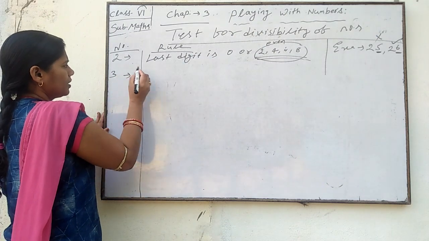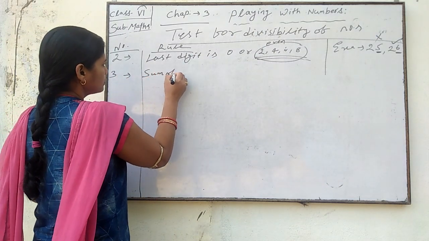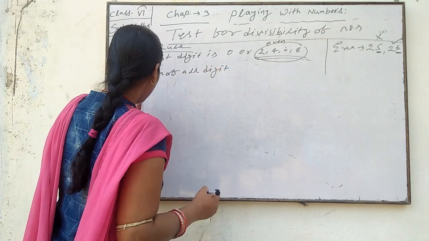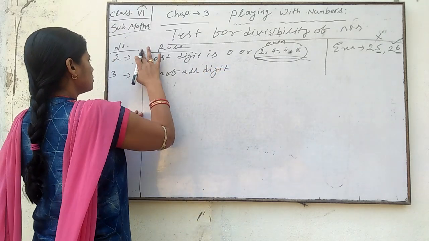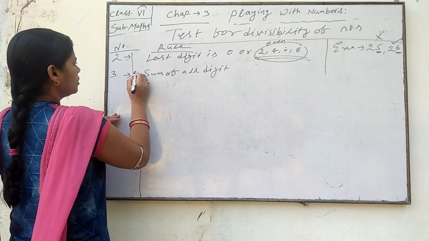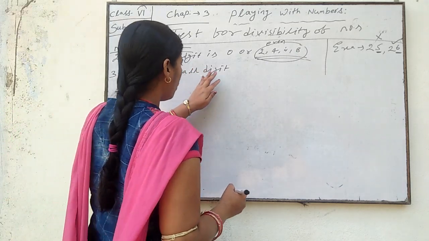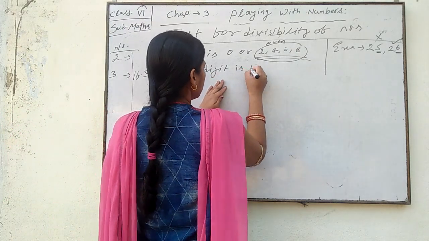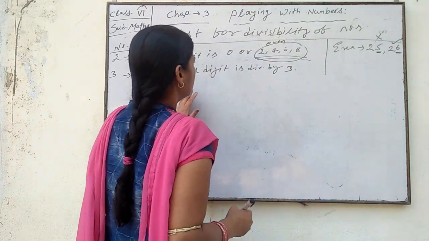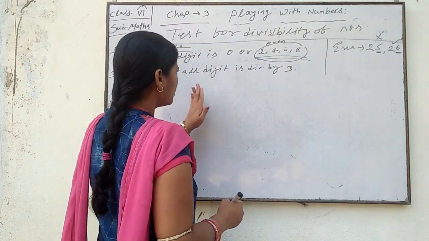And 3: the sum of all digits. If the sum of all digits is divisible by 3, then the number is divisible by 3.